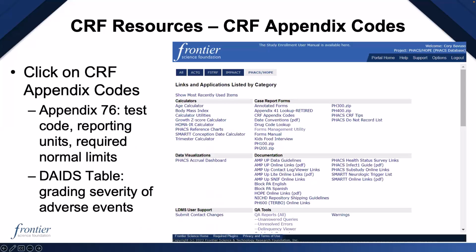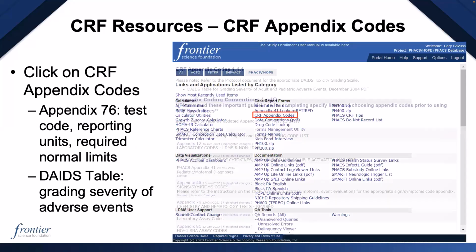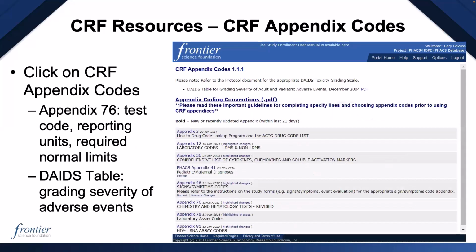So this appendix can be found on the portal, again, under CRF Appendix Codes. And this brings us to a page of links that can be helpful. You're going to go to Appendix 76 to view the list of chemistries and hematology tests.